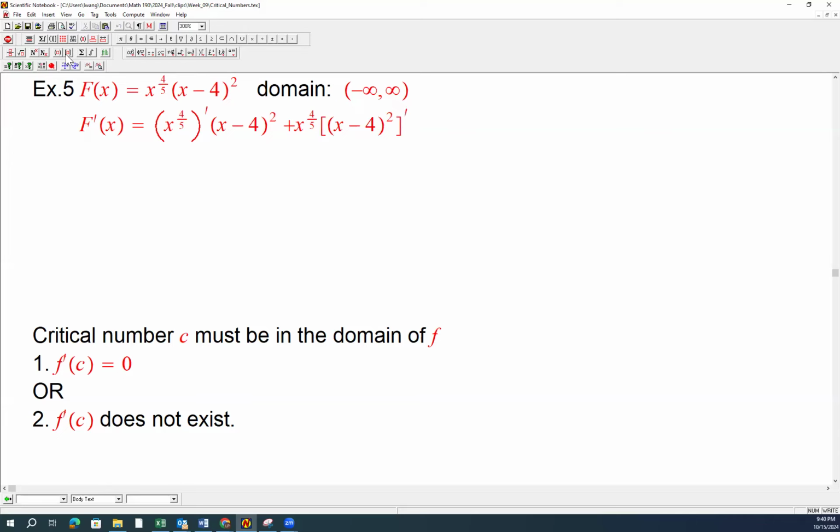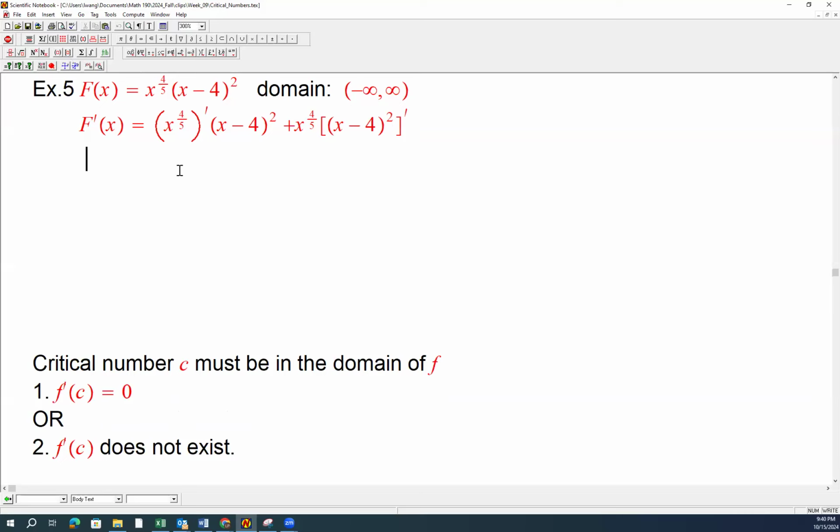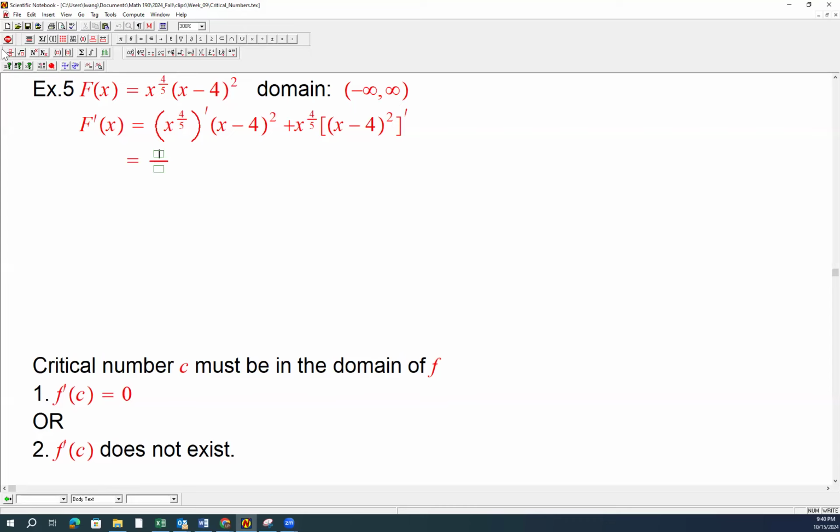Just to make sure we do everything right, the power rule on x raised to the power 4/5 is 4/5 times x raised to the power of 4/5 minus 1, and that will give us x raised to the power negative 1/5.